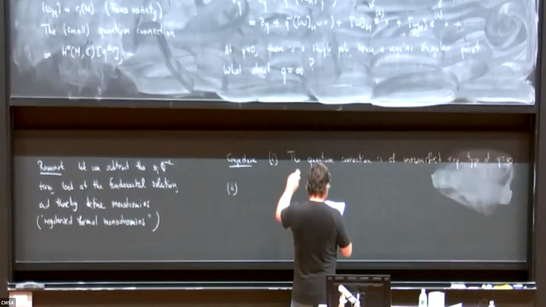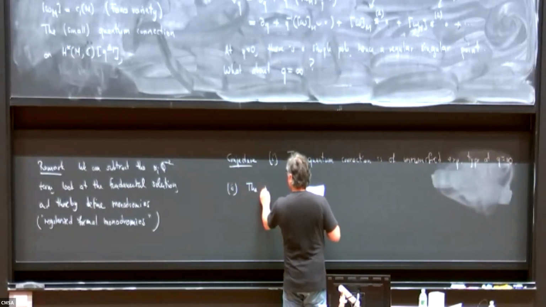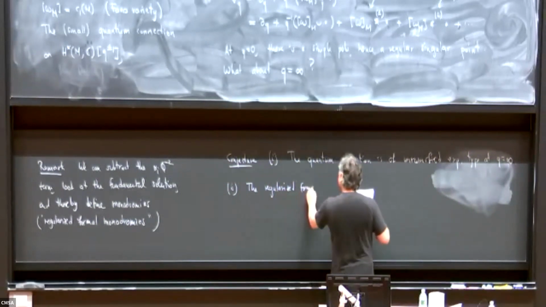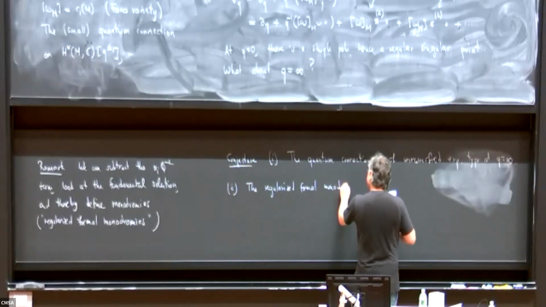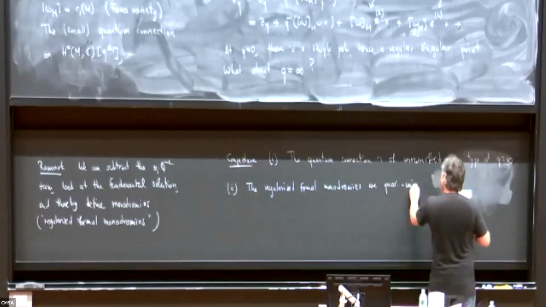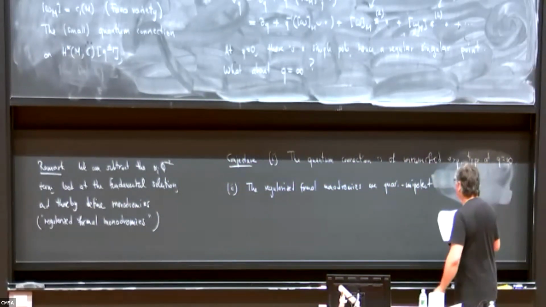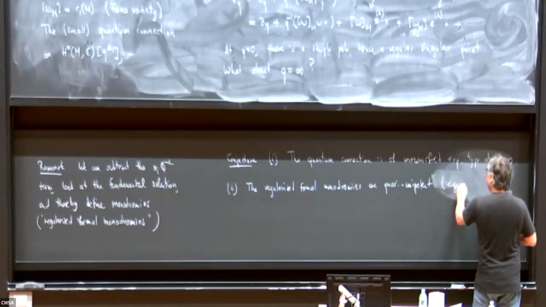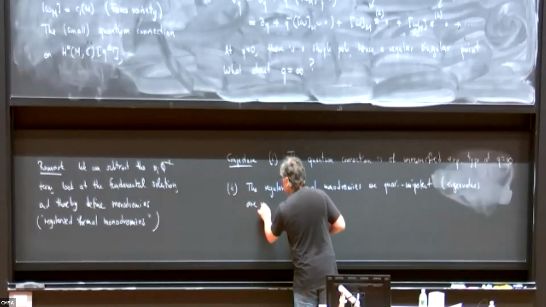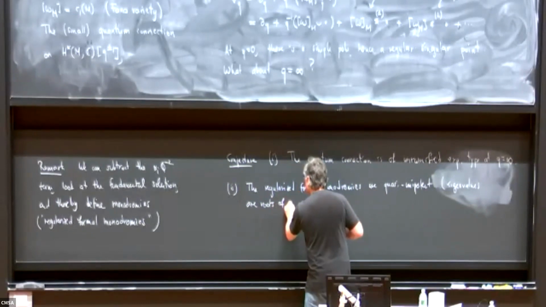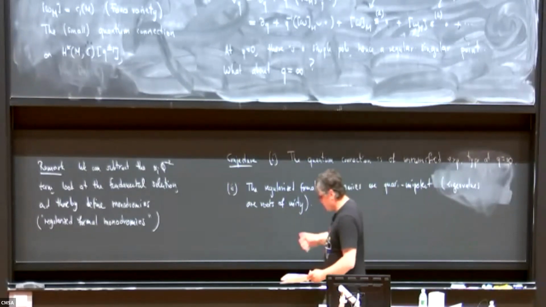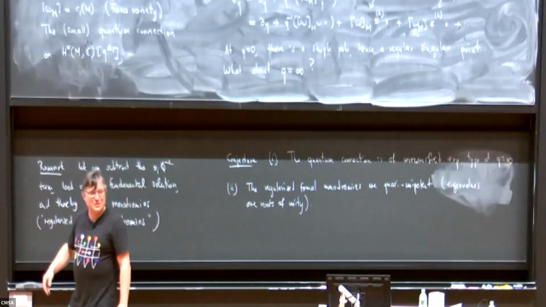And the second thing is that the regularized formal monodromies are quasi-unipotent, meaning eigenvalues are roots of unity. I have not found this in the literature. I hope it's not because it's wrong.